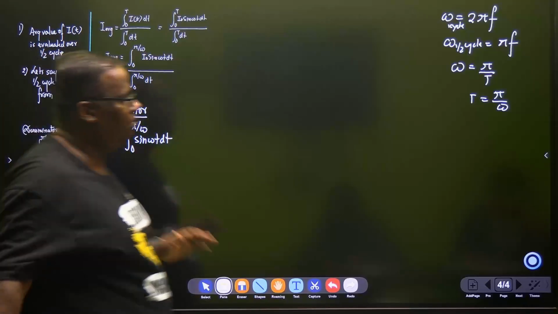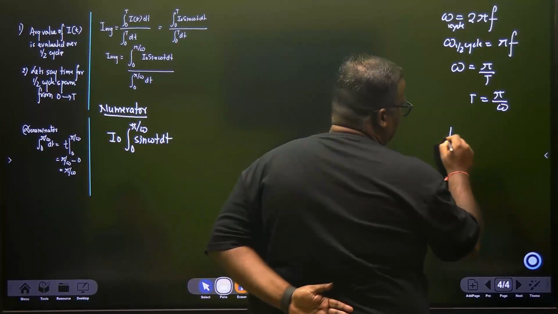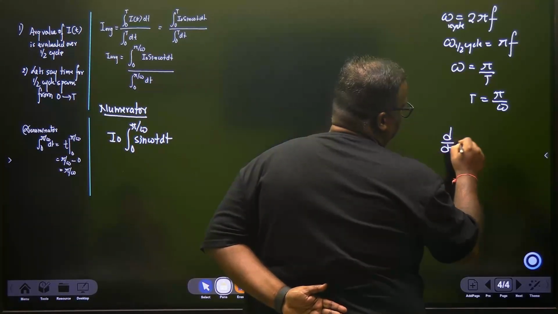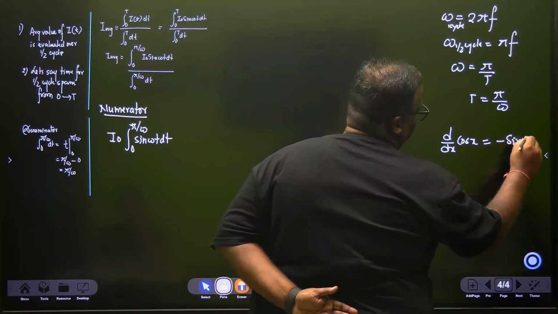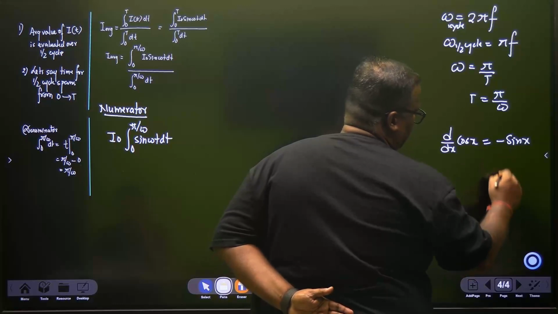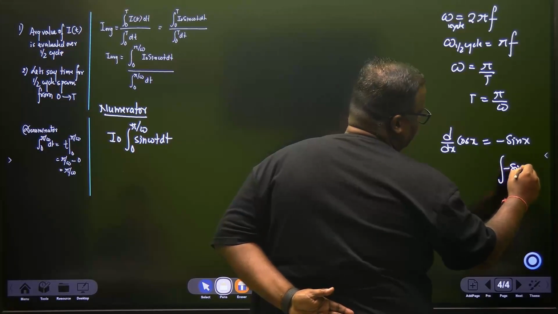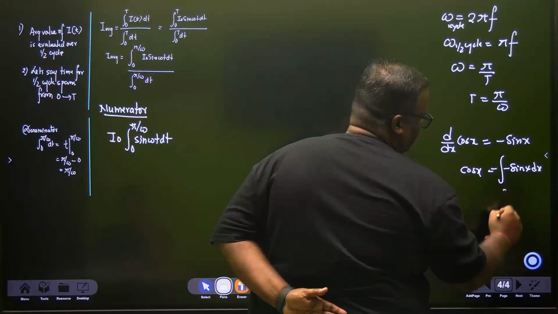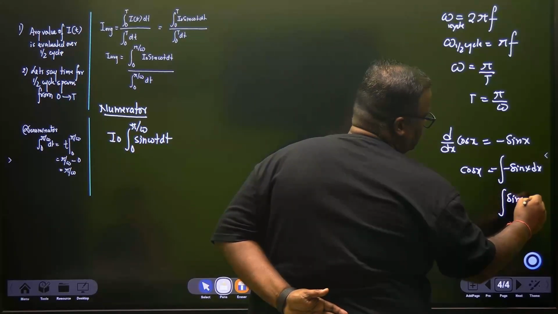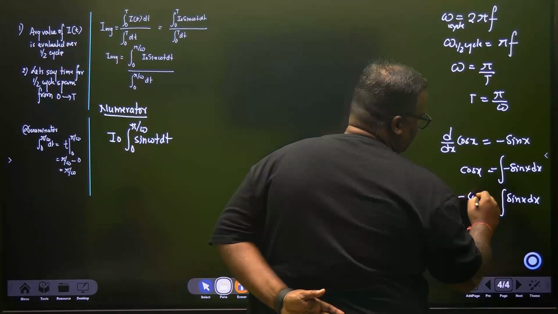Arjun, just see, d by dx of cos x gives me negative sine x. Therefore, the integral of negative sine x dx should give me cos x, or the integral of sine x dx should give me negative cos x.